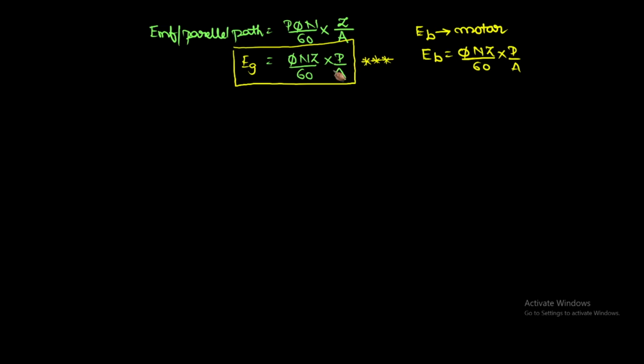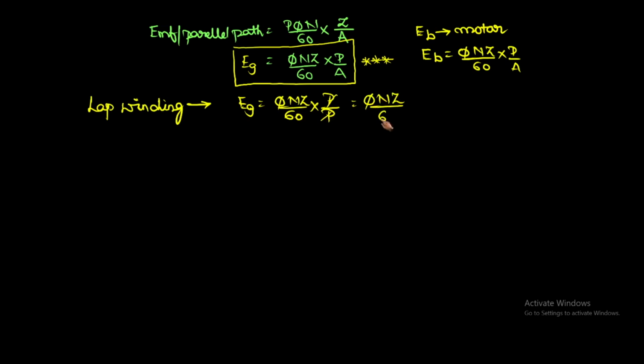Why are we writing this P by A separately? If you consider the lap winding, the EMF generated is phi N Z by 60 into P by A, that is P by P, because A is equal to P, so they cancel, giving phi N Z by 60 as the EMF generated in lap winding.